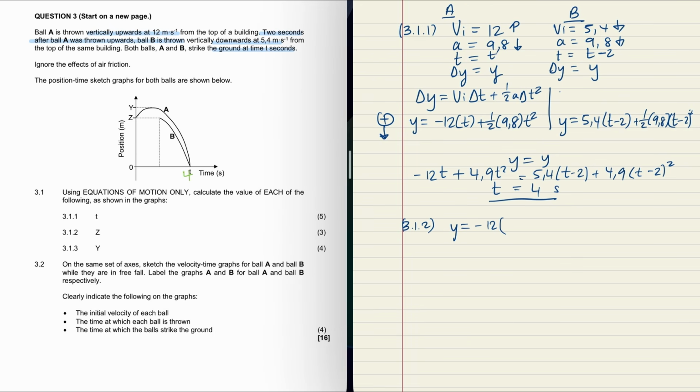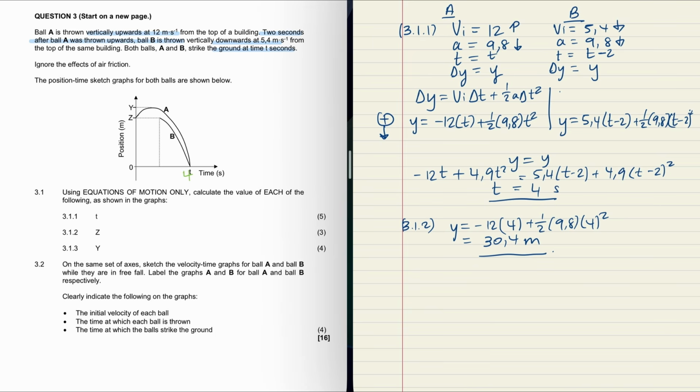Now we know the t value. So 4 plus half into 9.8 times 4 squared. And that's going to give us a value of 30.4 meters.